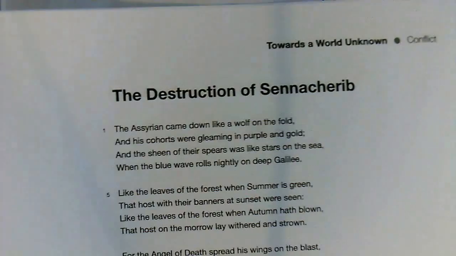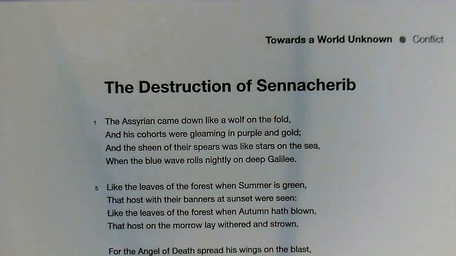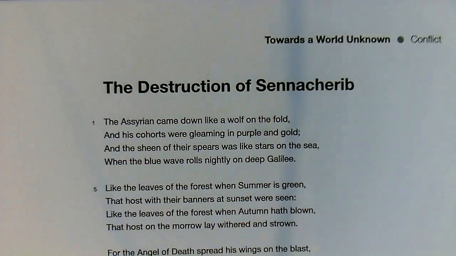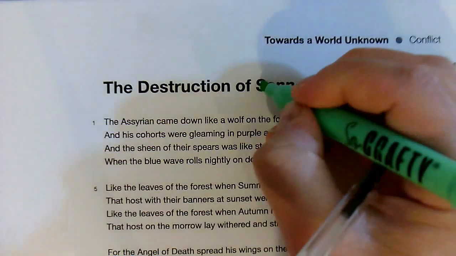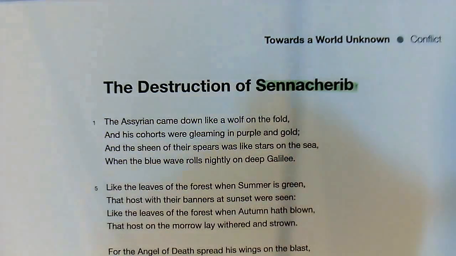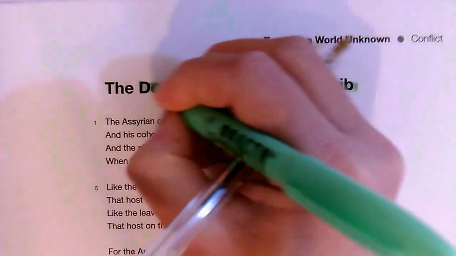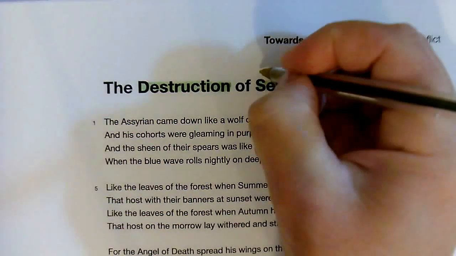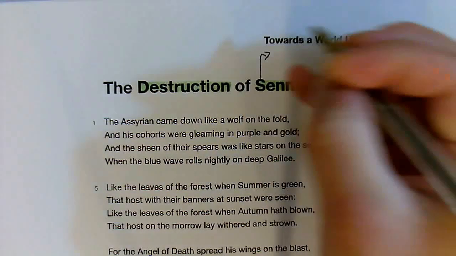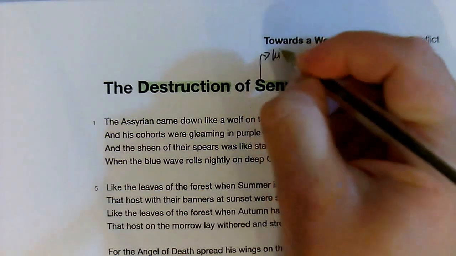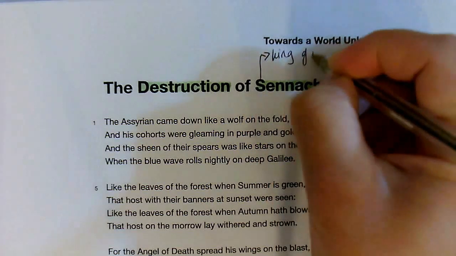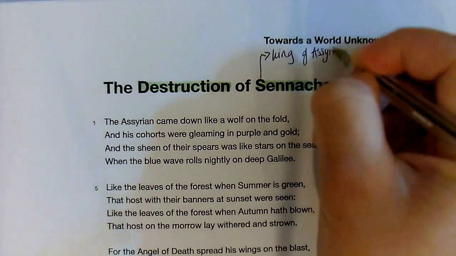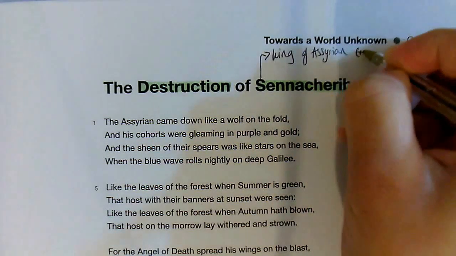Let's go for a bit of historical context before we start thinking about what this poem, in terms of analysis, means. So we're going to look at two words in the title just to get a sense of the history here. Sennacherib is not a place, this is a person. He is a king, he was a king of the Assyrian Empire.